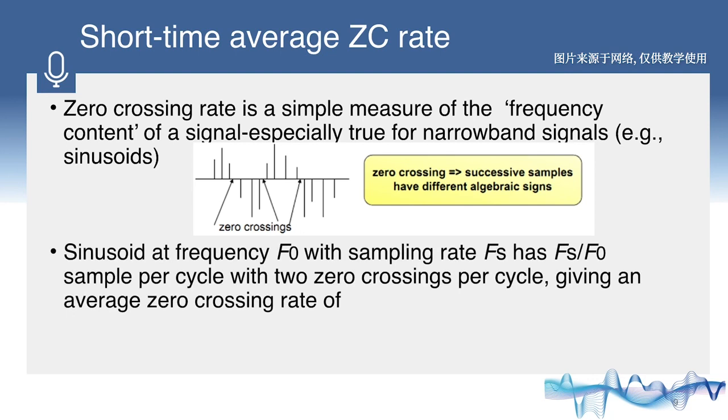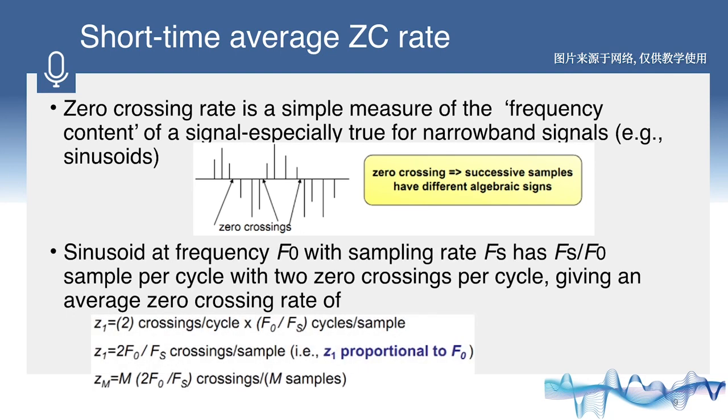For a sinusoid at frequency f0 with sampling rate fs, there are fs divided by f0 samples per cycle, with 2 zero crossings per cycle, giving an average zero crossing rate of z1, as shown in the equations. Then we can get the average zero crossing rate with M samples.